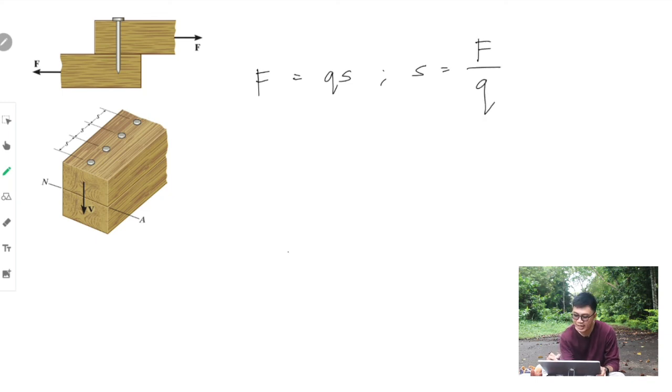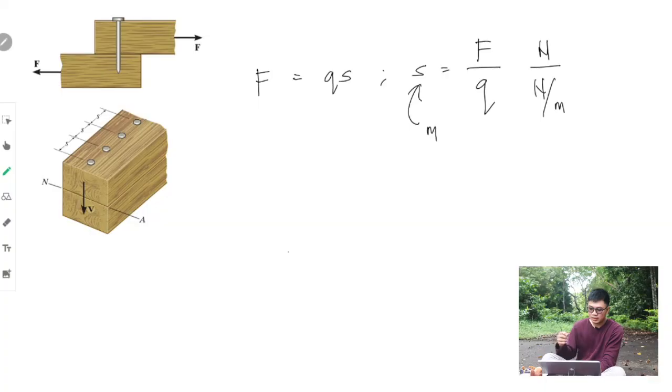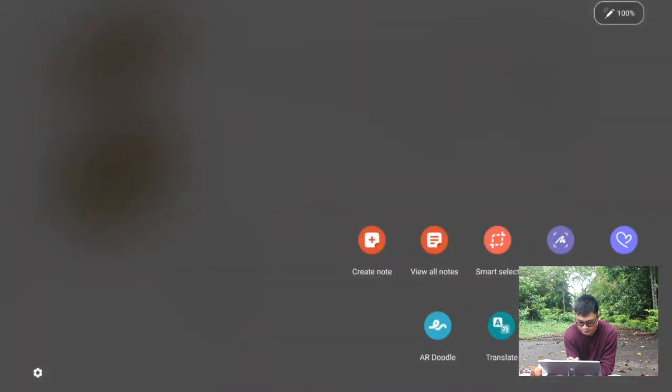And your F is in newtons and your q is in newtons per meter, so therefore, this is in meters. Understood? That's it. And also, take note of this. For example, if you have these 3 beams.